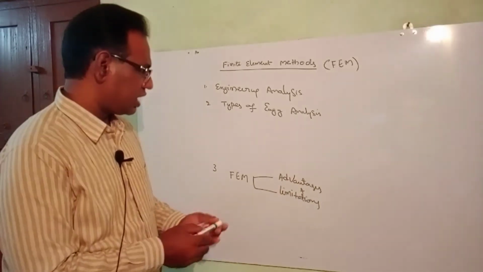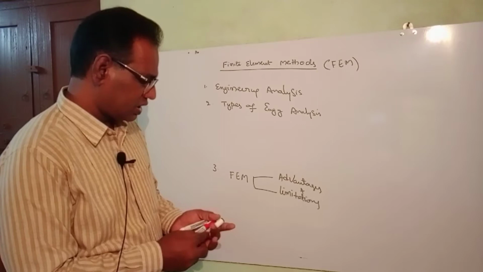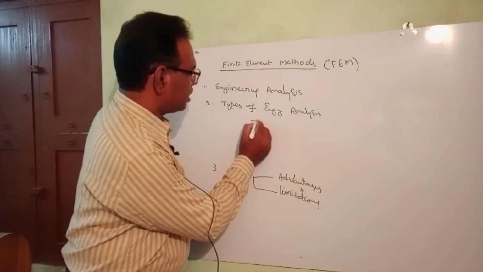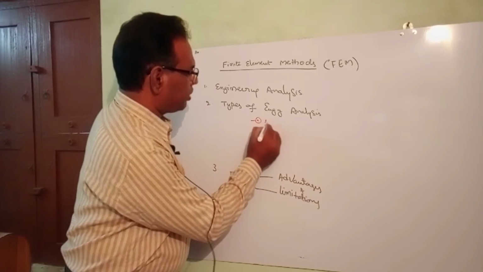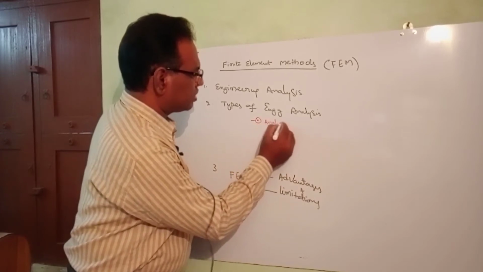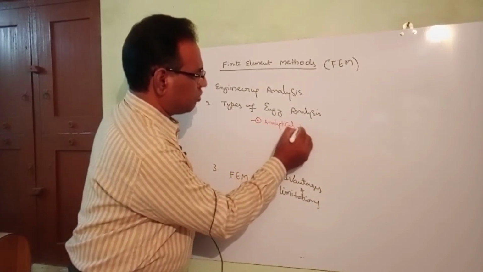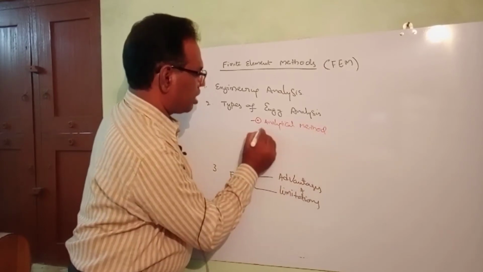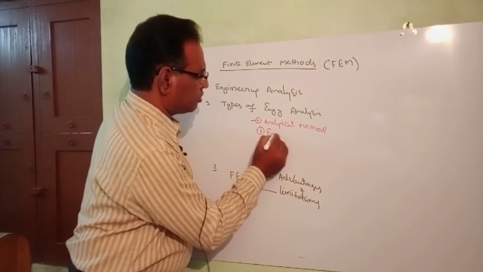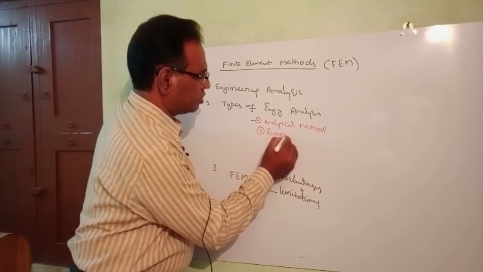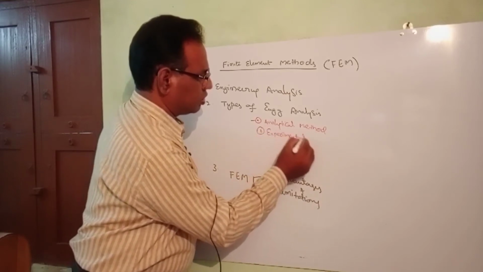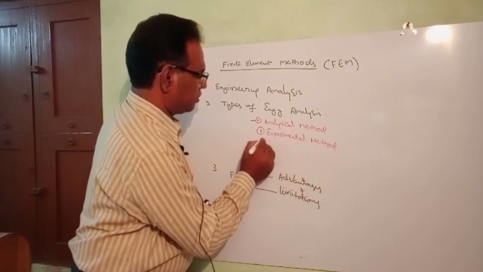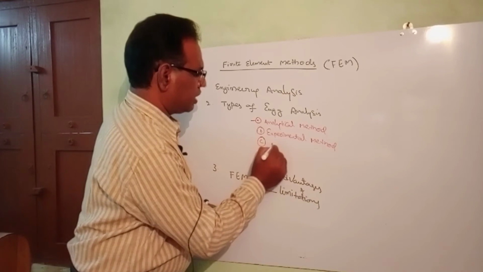This engineering analysis may be classified into 3 types. One is by using analytical methods we can do engineering analysis, or by experimental methods we can do, and the third one is numerical techniques.